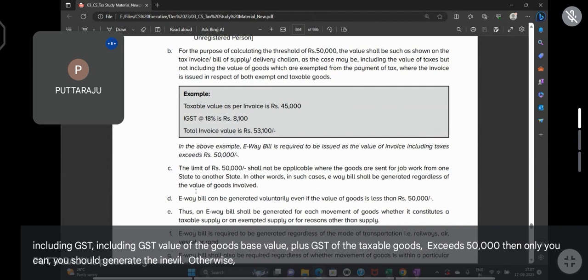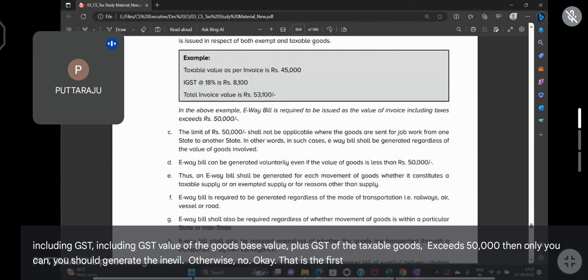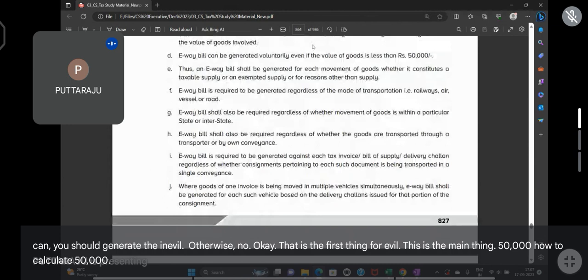Otherwise, no. Okay. That is the first thing for e-way bill. This is the main thing, 50,000. How to calculate 50,000? Value plus GST.